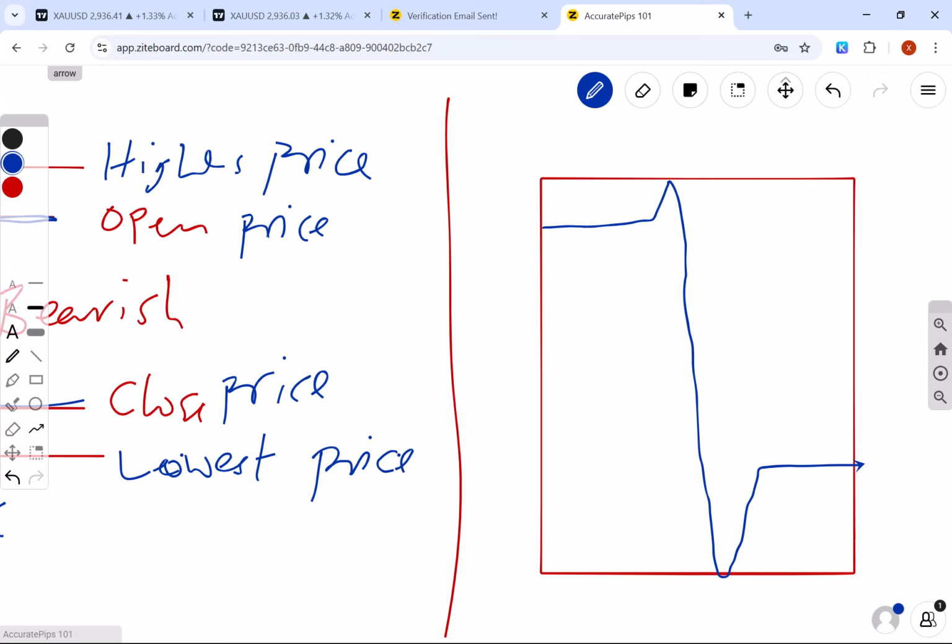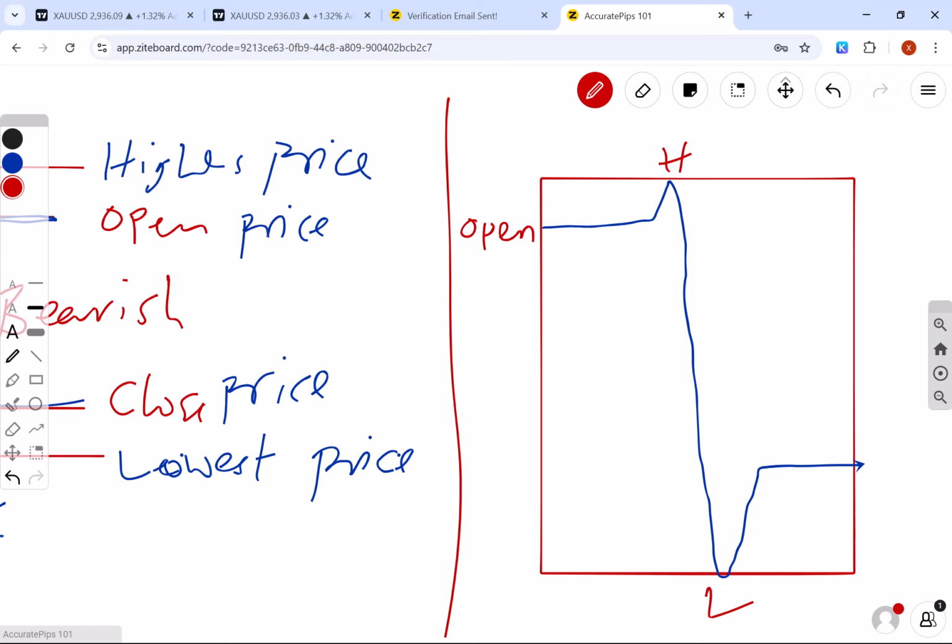Are you following? So this becomes the open price. This becomes the highest price point. This becomes the lowest price point.